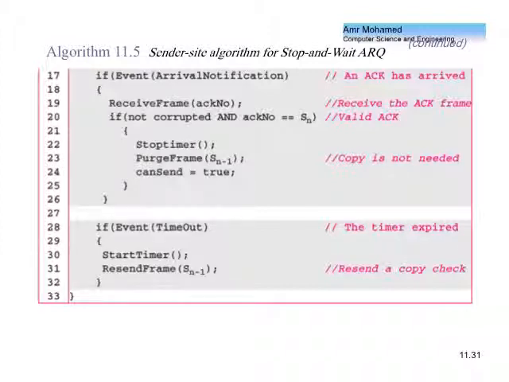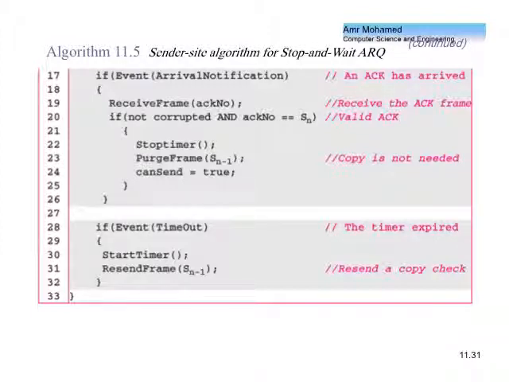If it arrives at the receiver successfully, then I will go here. It's not corrupted, and the acknowledgement is true, which means that I will stop the timer and purge the frame. Purge the frame here means clear the copy buffer, the buffer that I have copied the frame to.